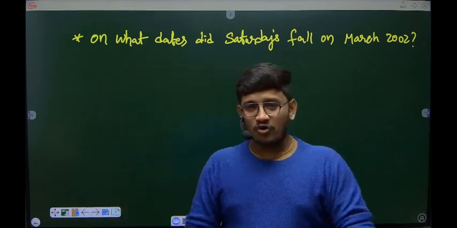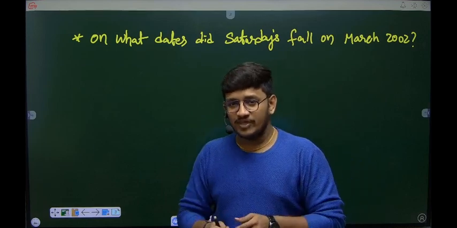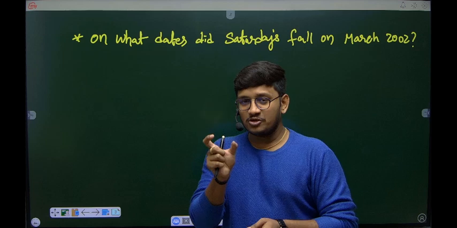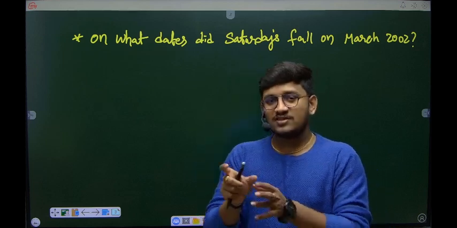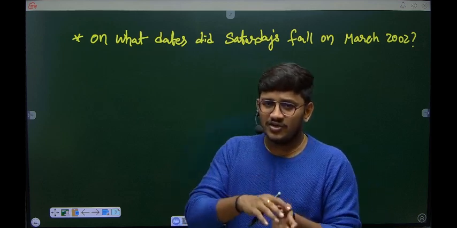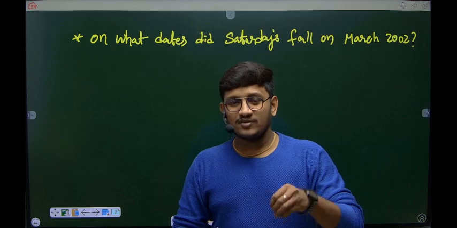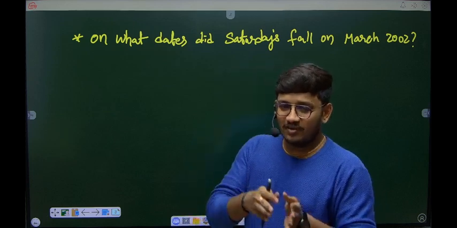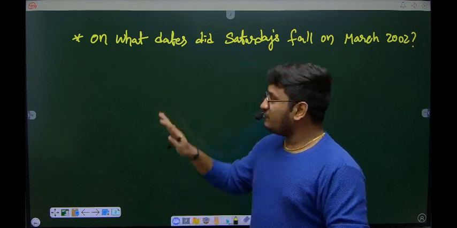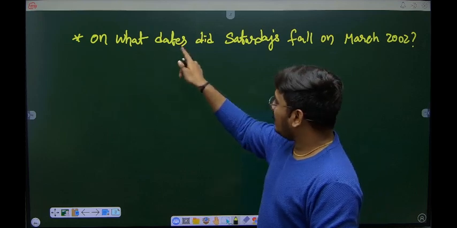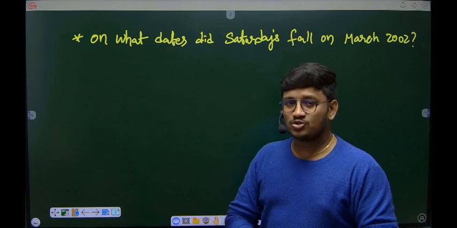So guys, you know how the options will be. Option A, they will give some set of dates, and option B, they will give another set of dates. Is there any new concept involved in this question? No, not at all. The same concept we discussed in the earlier class is what we are going to apply here.